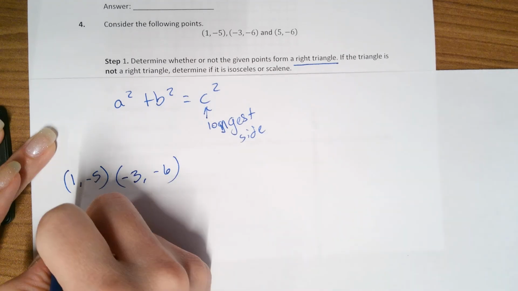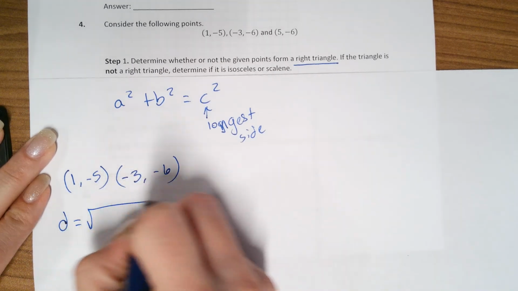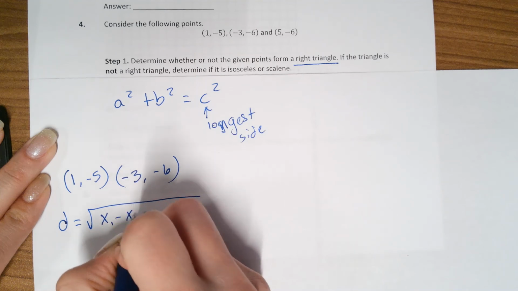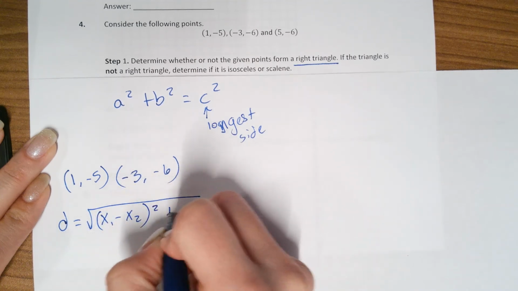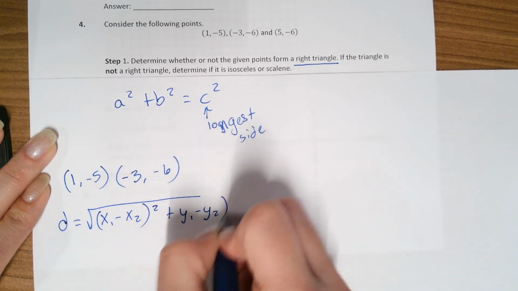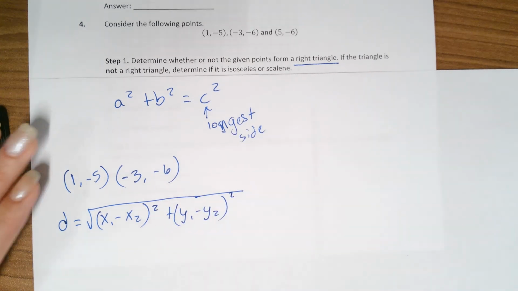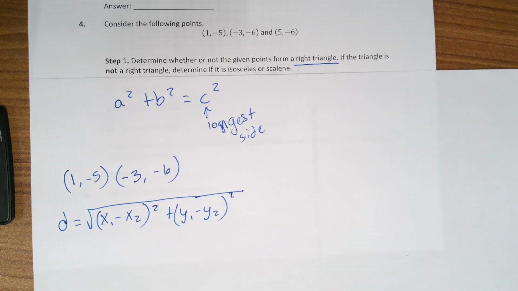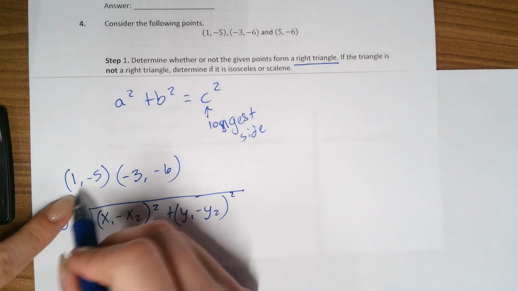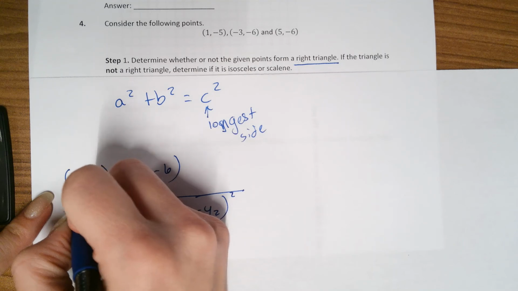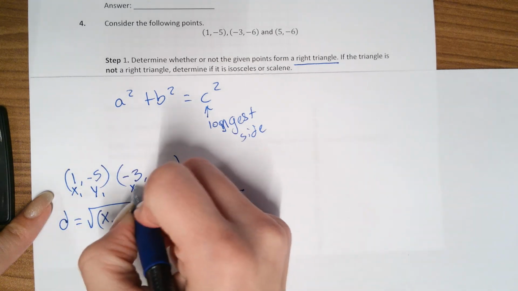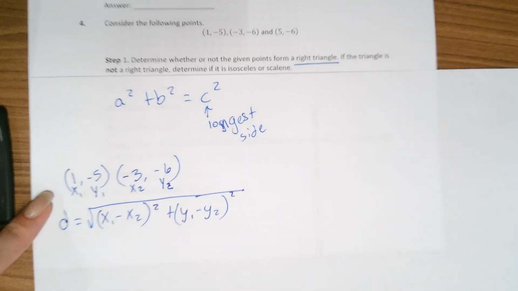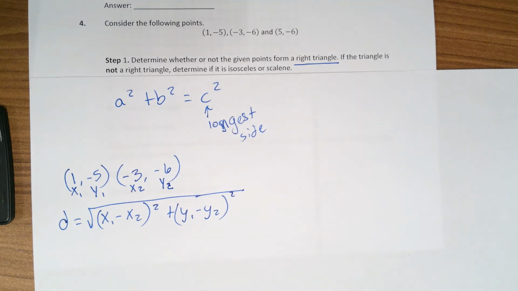And remember that the distance formula is the square root of x1 minus x2 squared plus y1 minus y2 squared. This will tell us the distance between these 2 points, which tells us the length of that side of the triangle. So these are coordinates, so I'm going to let this be x1, y1, x2, y2. It helps if you label so you know where to put the numbers.